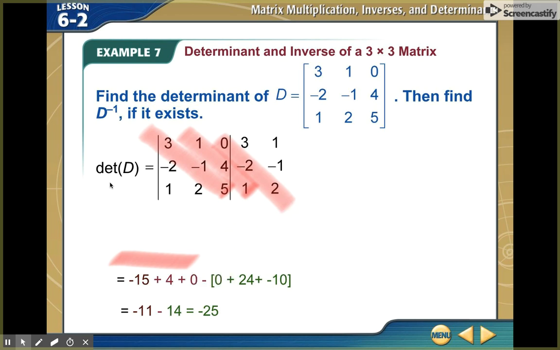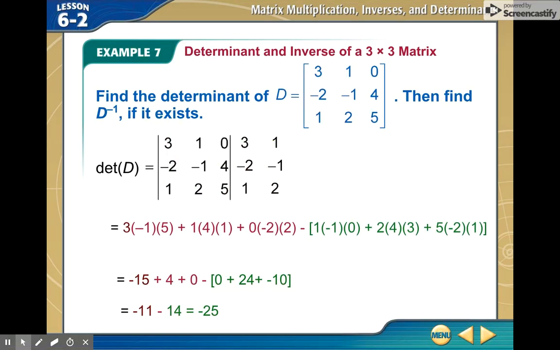And then we go the other way, that, that, that. Again, 0 times -1 times 1 is 0. 3 times 4 is 12, times 2 is 24, and then 1 times -2 is -2 times 5 is -10. When we go through it, we get the same value at the end. So the same process applies: a non-zero determinant means that it's invertible and the inverse will exist, and that will allow us to find that operation.